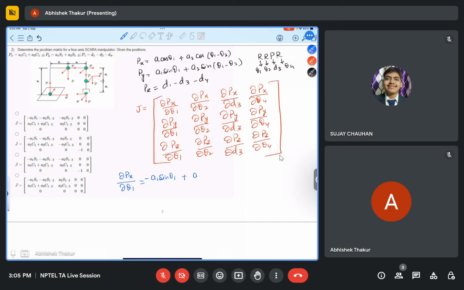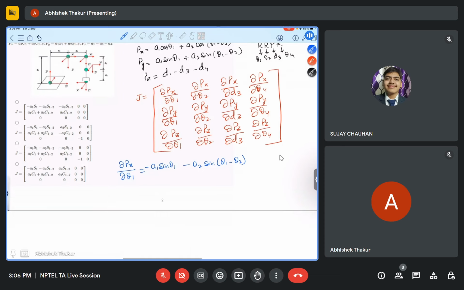First we can expand this, or we can directly differentiate also. So this will become minus a2 of sin (theta 1 minus theta 2). Okay. So this term we can write as minus a1 s1 minus a2 s12.